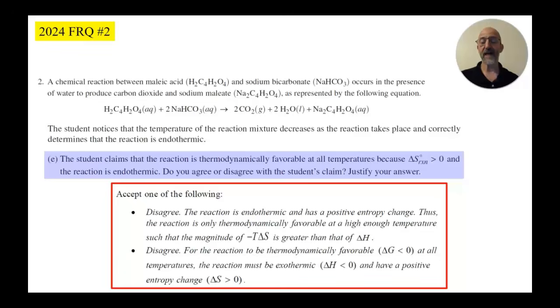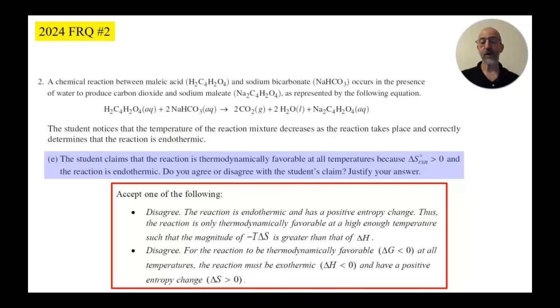And you can see on the slide, these are the official scoring guidelines. So disagree. The reaction is endothermic and has a positive entropy change. It will only be favorable at high enough temperature such that the magnitude of negative T delta S is greater than that of delta H. And again, they're saying that delta G is negative when it's favorable. That's good.